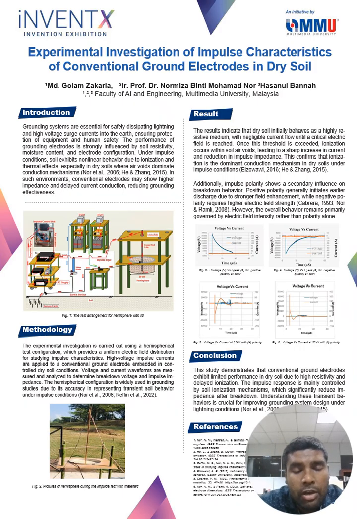So the initial behavior of my results, here you can see: the orange color indicates the current waveform, and the blue color indicates the voltage waveform. That means till 40 kV we didn't get any current.